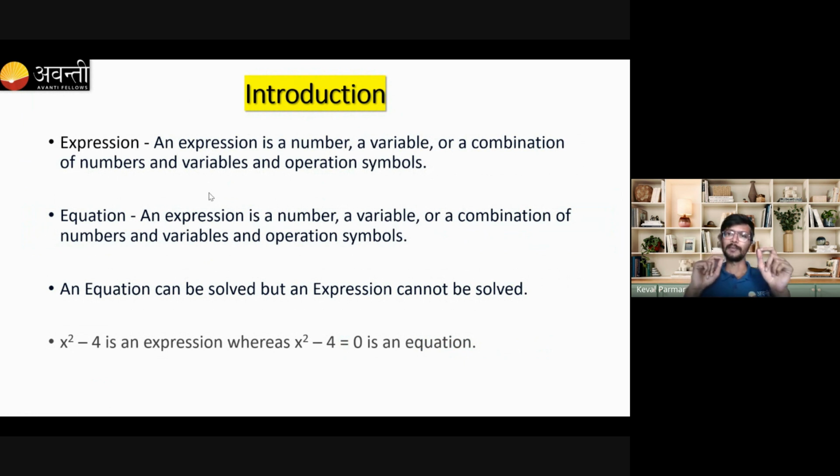Basically, an expression doesn't have an equal to 0 sign. When an expression is equated to 0, then we get an equation.